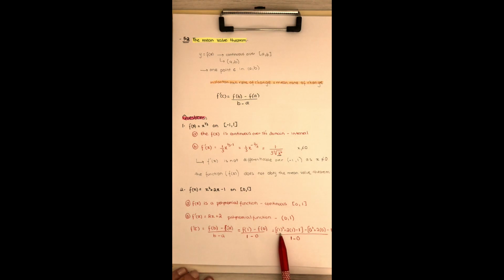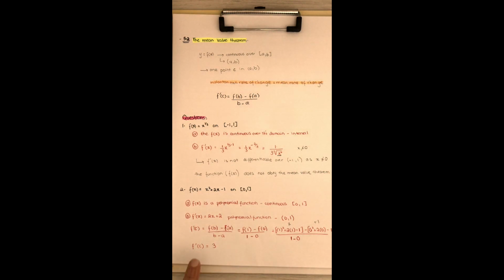So 1 squared is 1 plus 2 is 3, minus 1 is 2. Then 0 plus another 0 is 0, and a negative with a negative gives a positive 1. So 2 plus 1 is 3, which is divided by 1 minus 0, which is 1. So f prime of c is equal to 3.